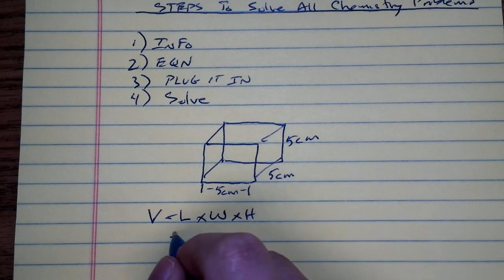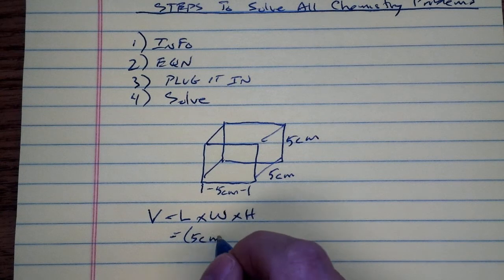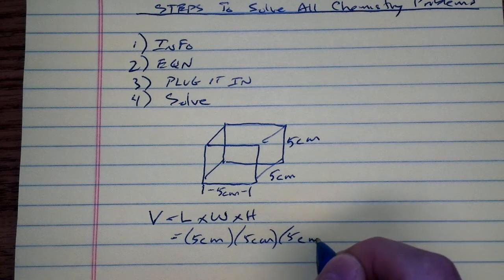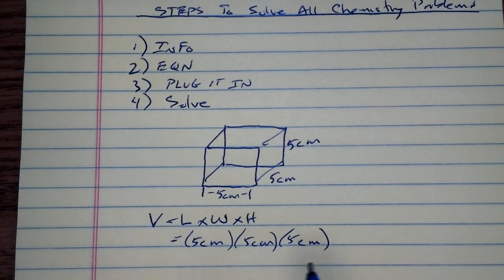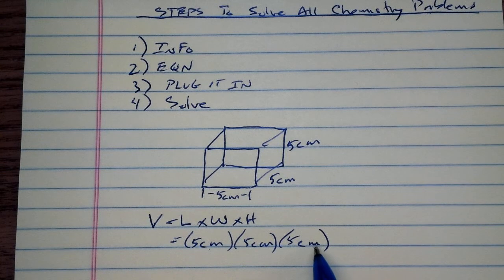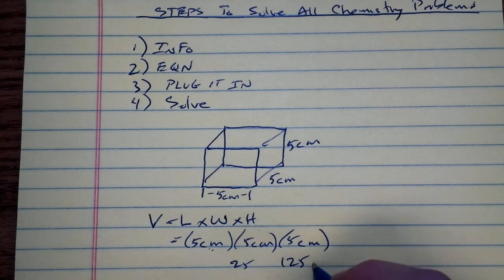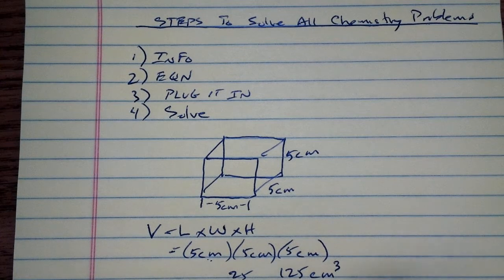And so then you're going to have to put 5 centimeters times 5 centimeters times 5 centimeters. Now you got to put your units there, or else it's going to be minus 2. You'll have to multiply these. This is not adding, this is multiplying. 5 times 5 is 25, times another 5 is 125. Centimeter times centimeter is centimeters squared, times another centimeter is centimeters cubed. So if you leave some of this out, you're going to lose points.